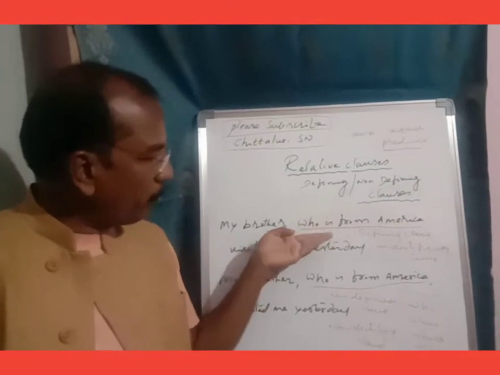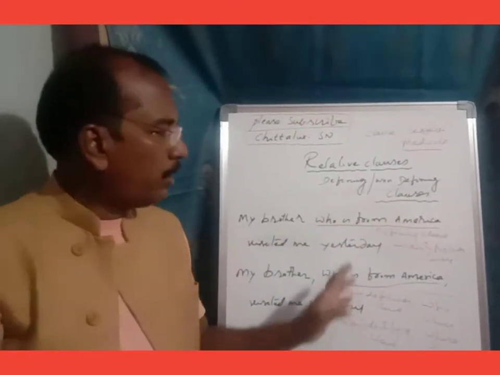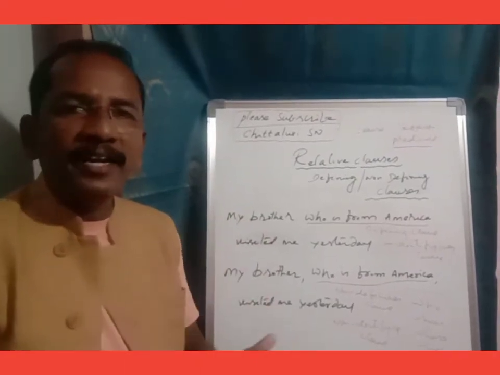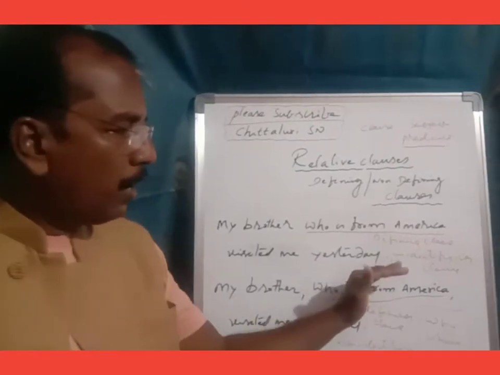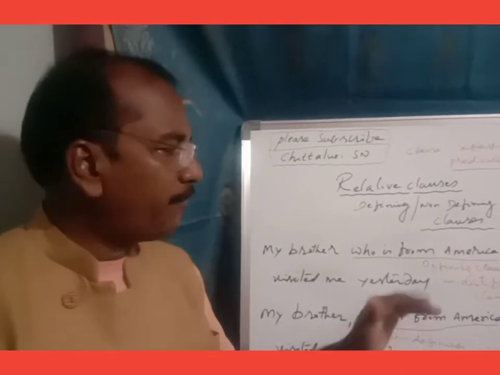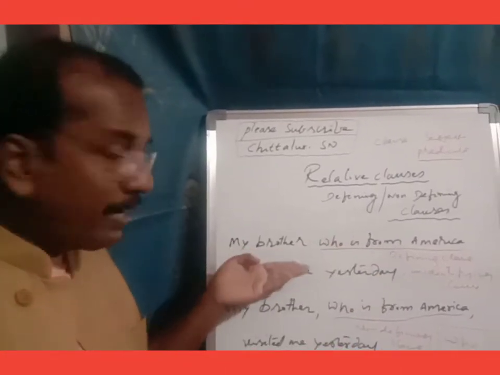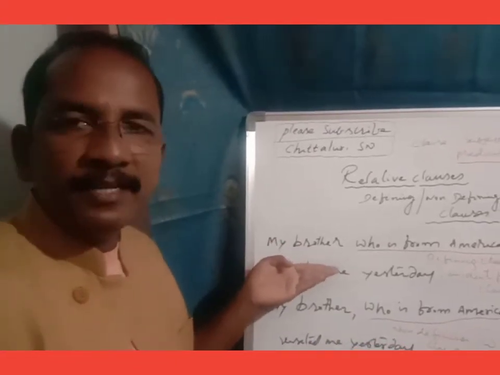Actually, coming to the first example, My brother who is from America visited me yesterday, the underlined part, who is from America, is called a defining clause. What is the exact meaning of defining? The other name for a defining clause is an identifying clause. This clause identifies the subject, my brother, in this sentence.